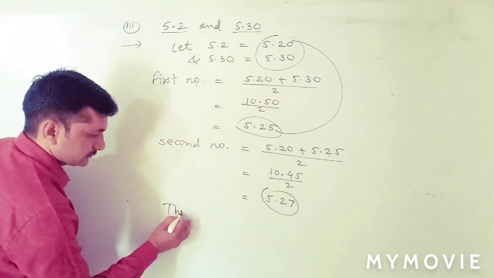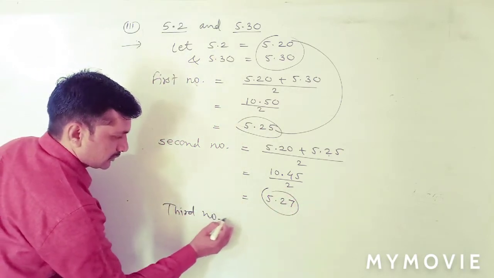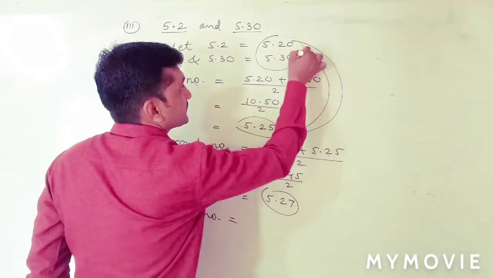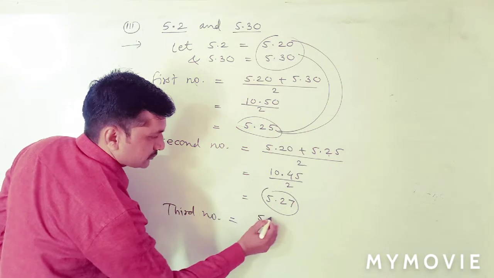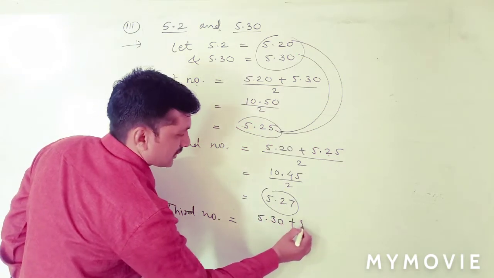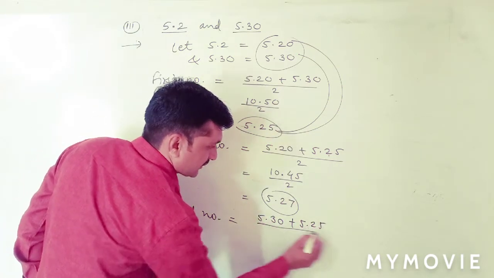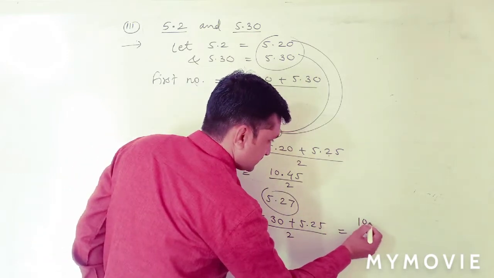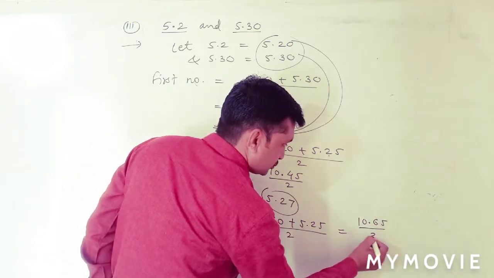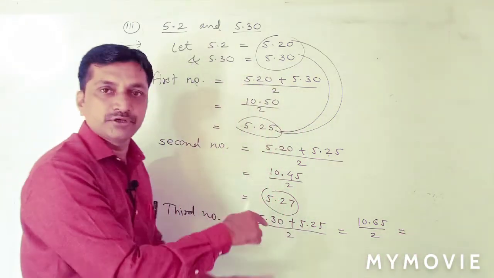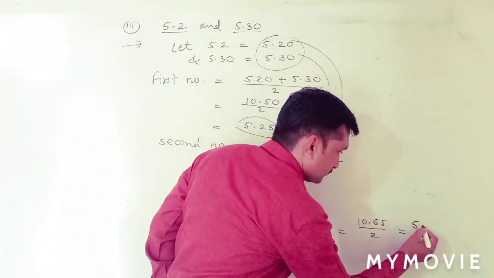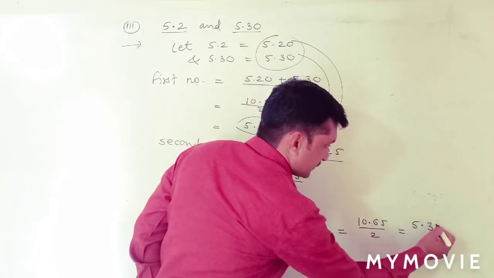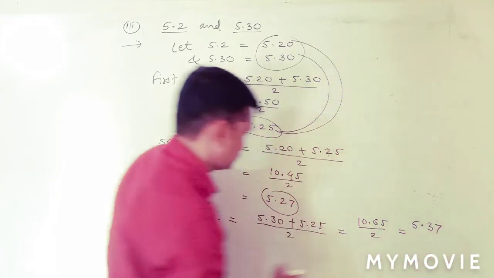Now third number is equal to the average of this and this. 5.30 plus 5.25 divided by 2 is equal to addition 10.65 divided by 2. Again reduction by 2. 2 5s are 10, 2 3s are 6, 2 7s are 14.